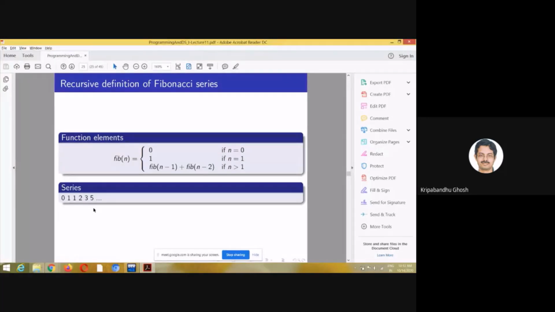Even many of the birds use this ratio. Not exactly this ratio, but there can be certain patterns generated using the golden ratio.